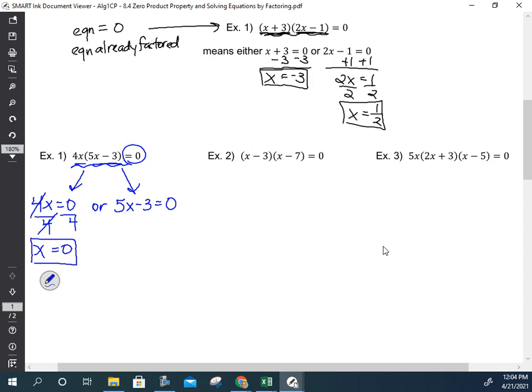What do I do first? Somebody said it. Add 3. Add 3 to both sides. And what? Divide by 5. So x equals 3/5.